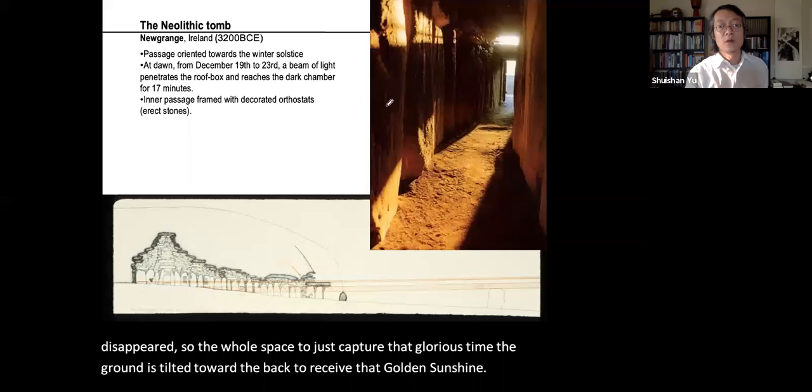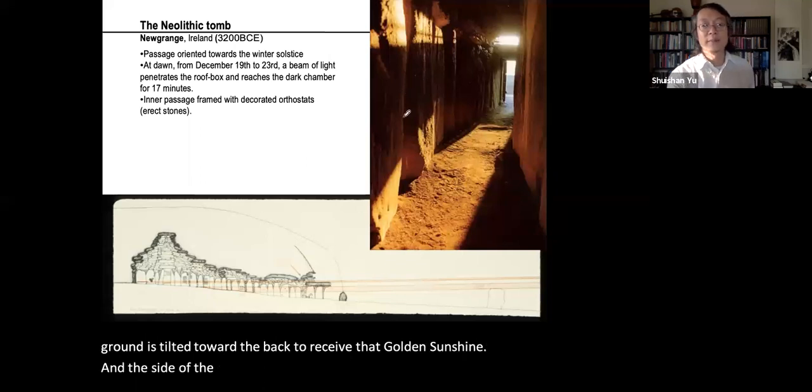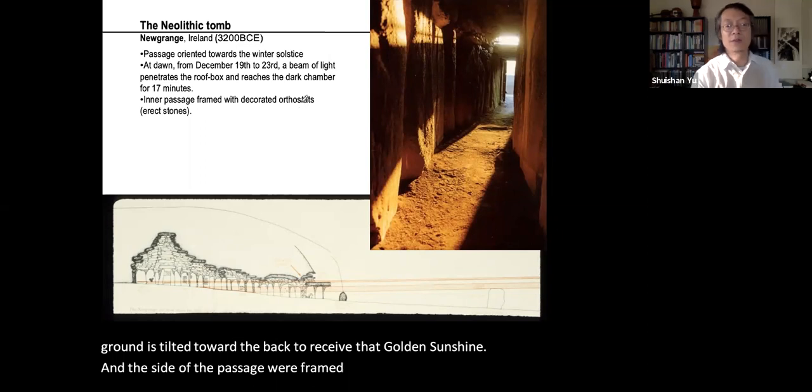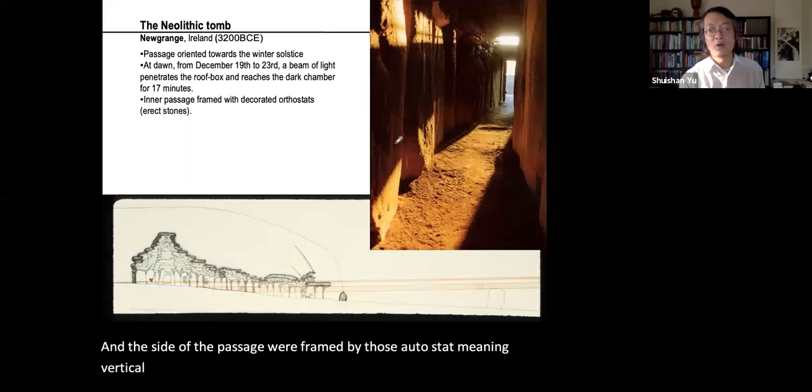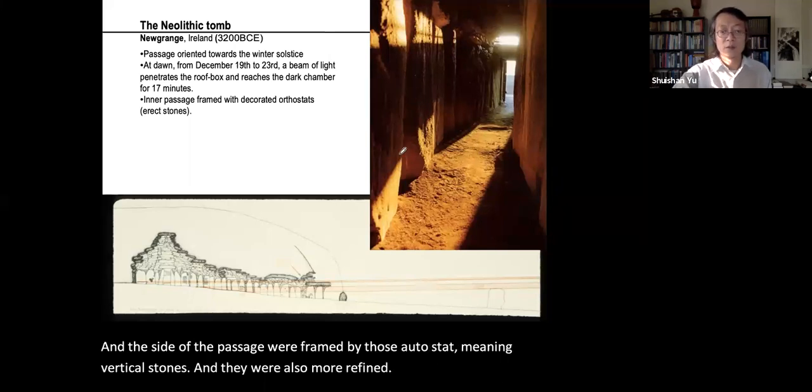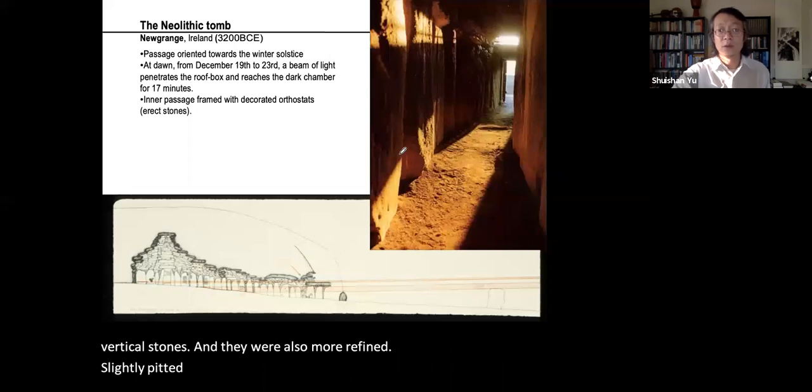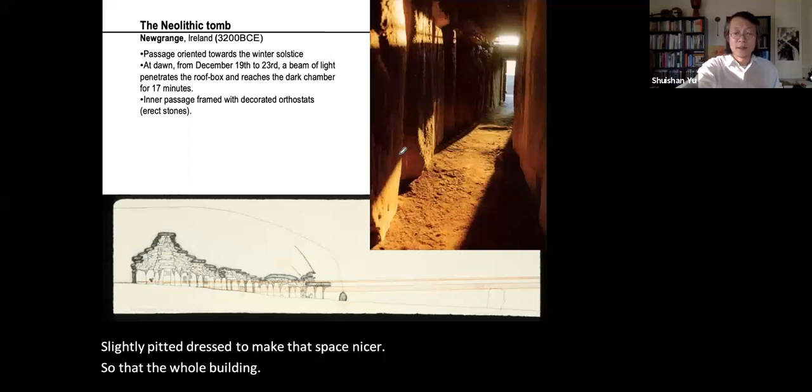And the sides of the passage were framed by orthostats, meaning vertical stones, and they were also more refined, slightly pitted, dressed to make that space nicer. So the whole building is oriented toward winter solstice.